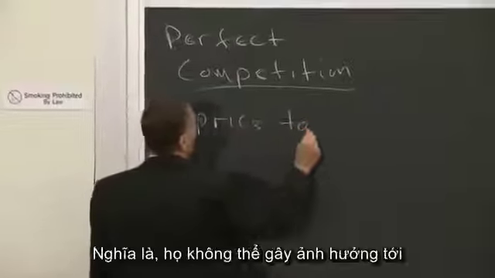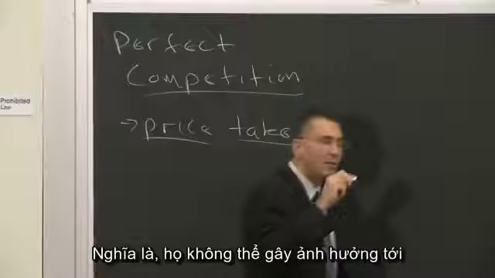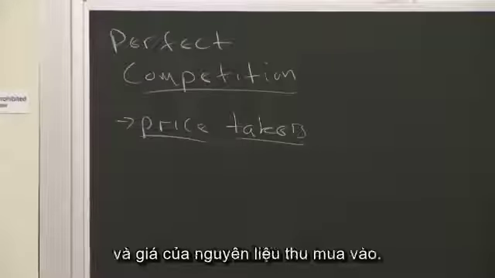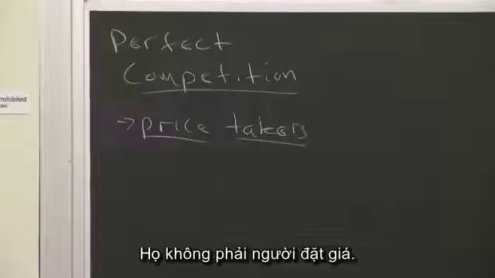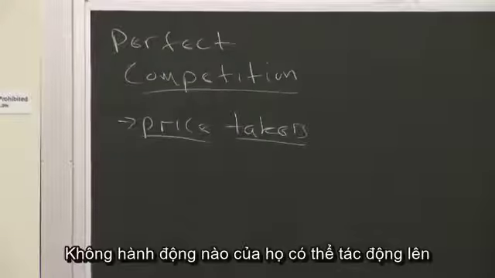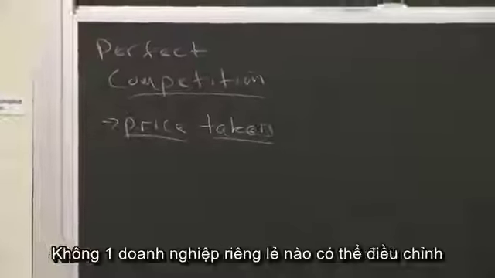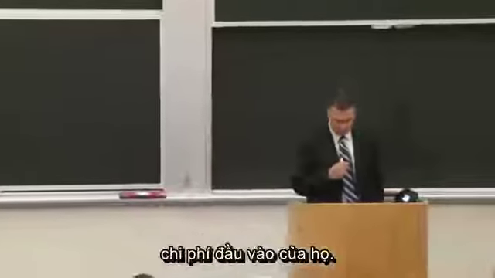That is, no action that they take can affect either the price at which they sell their goods or the price that they pay for their inputs. They're price takers, they're not price makers. No action the individual firm takes affects either the price at which they sell their goods or the price they pay for their inputs.